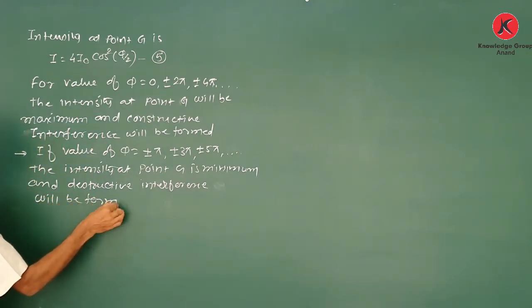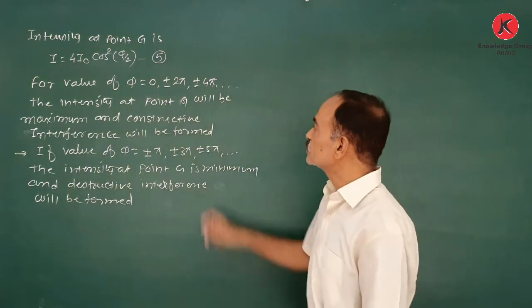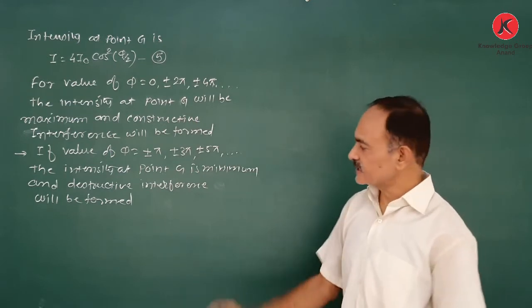Therefore, which type of interference is obtained, whatever the intensity at point G, depends on the value of phi. Clear this point?